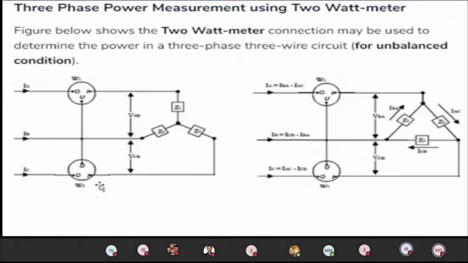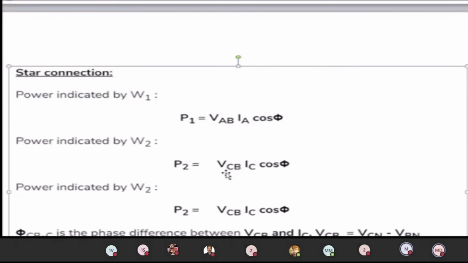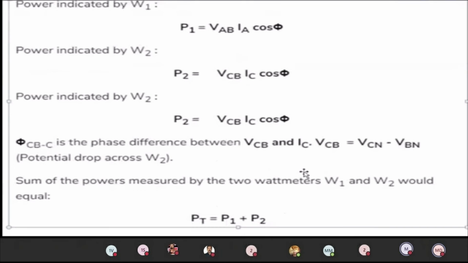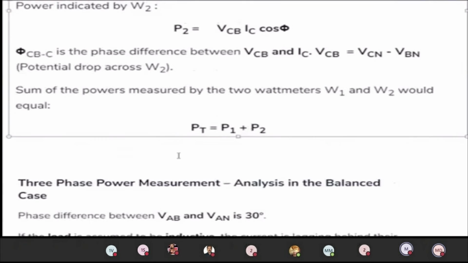Here the wattmeter has been connected between phase C and B. So we are taking the voltage difference across C and B, and the current has been measured through C, hence we are taking it as IC cos phi. The total power can be calculated as the sum of the two wattmeters, PT is equal to P1 plus P2.